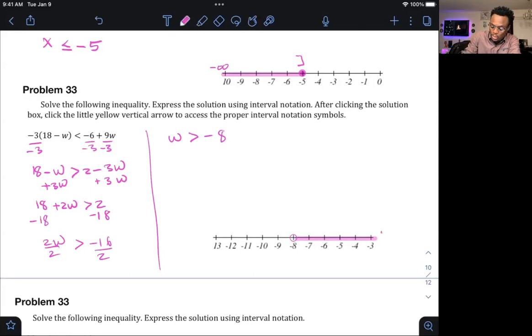It goes all the way to infinity. So that's the graph, and the interval form of the solution would be -8 to infinity. Parentheses for each because -8 is not included, and on infinity, you are required to keep a parenthesis.